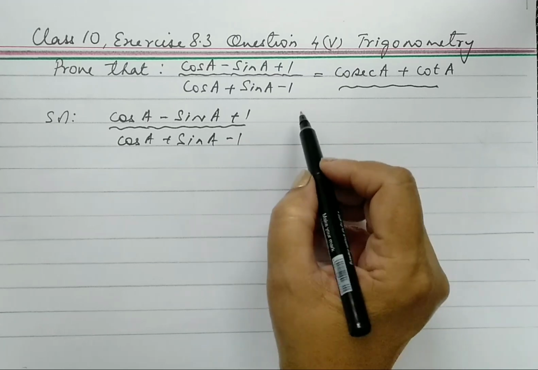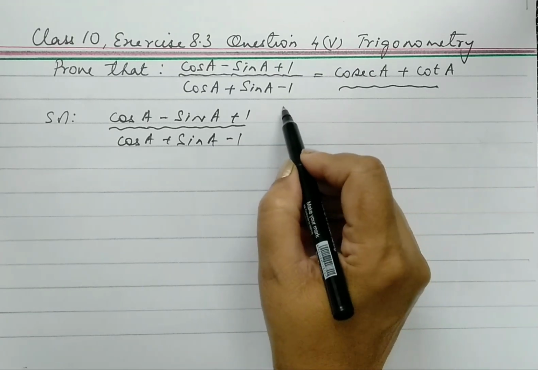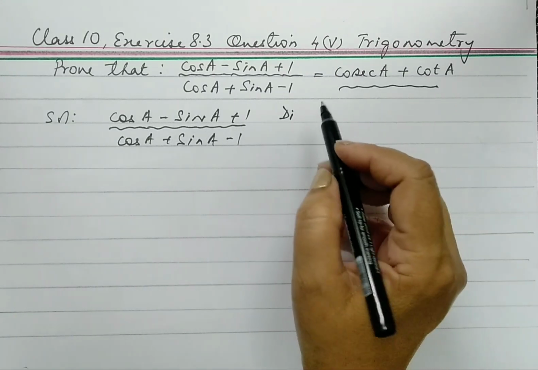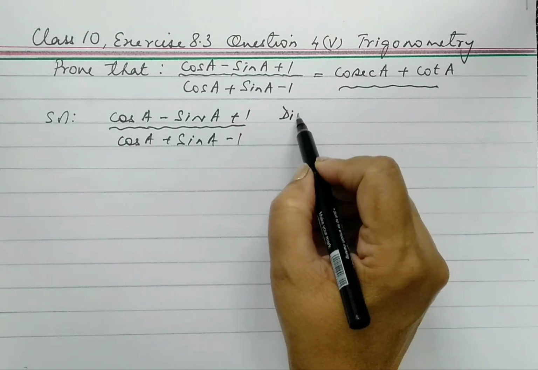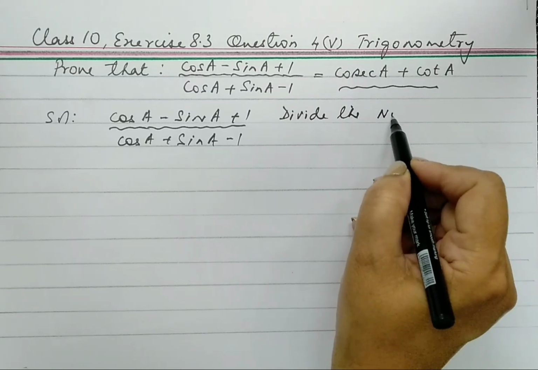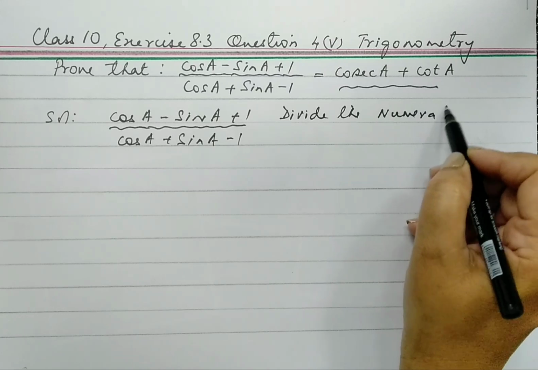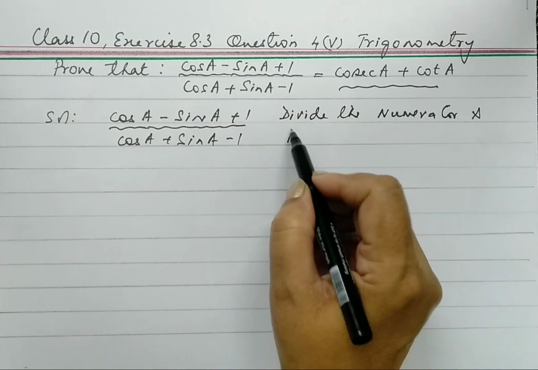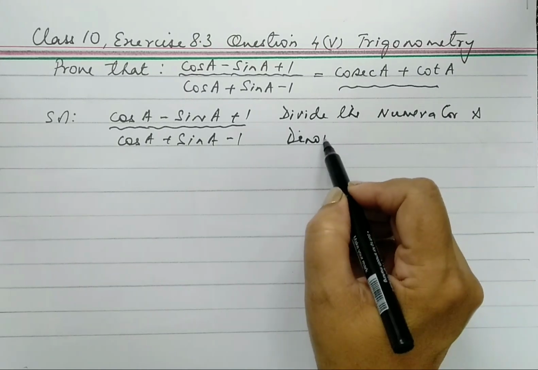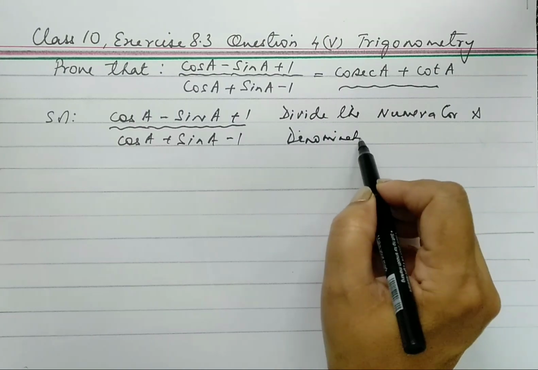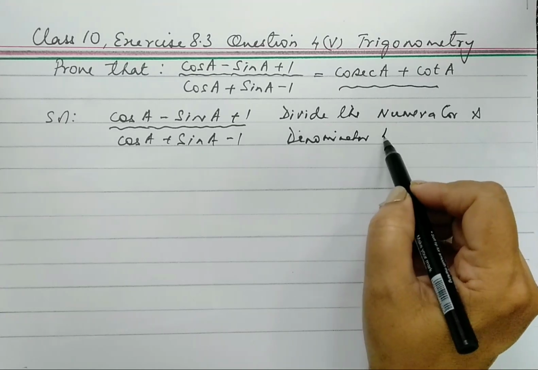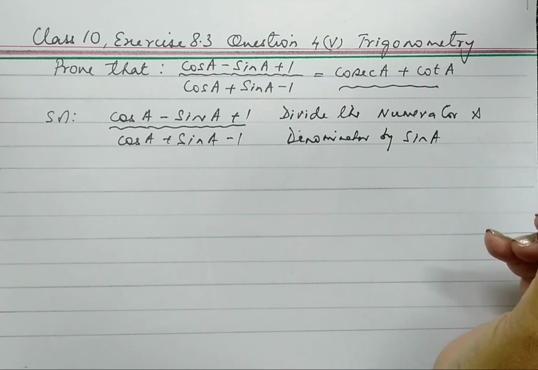So first thing is that we need to divide this entire numerator and denominator by sin A. Divide the numerator and denominator by sin A.